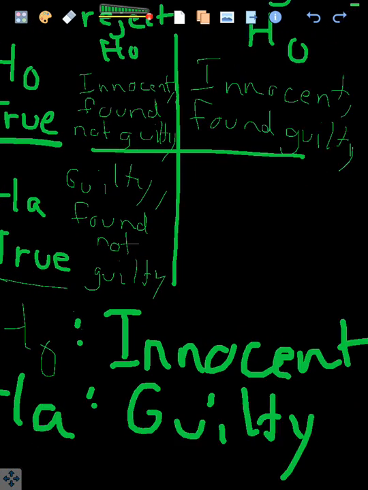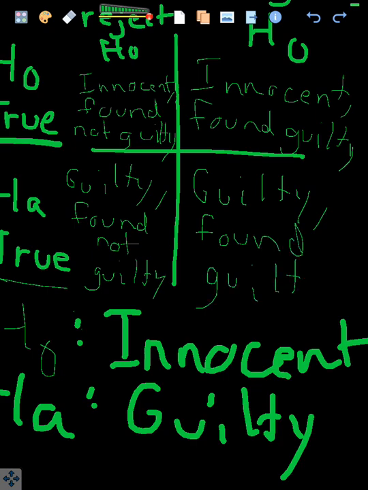On the other hand, I could be guilty, but the jury sees the evidence and sees, oh yeah, definitely found guilty. He even lifted some milk too. Like, we have it all on camera.